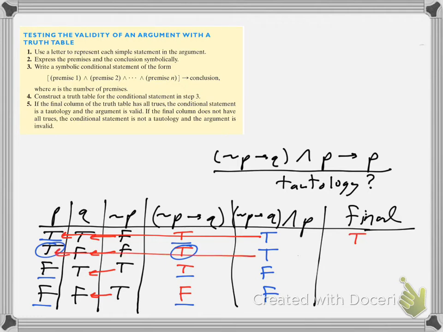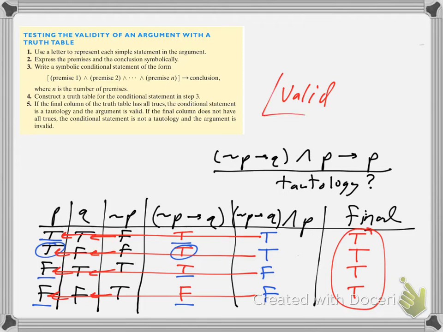True arrow to true is true. False arrow to false is true in the conditional truth table, and false arrow to false is true. So this is a tautology. So the answer is yes. This is a valid argument. Okay, so really this is just a lot of truth table work, except we've got to form our initial logic statement here.